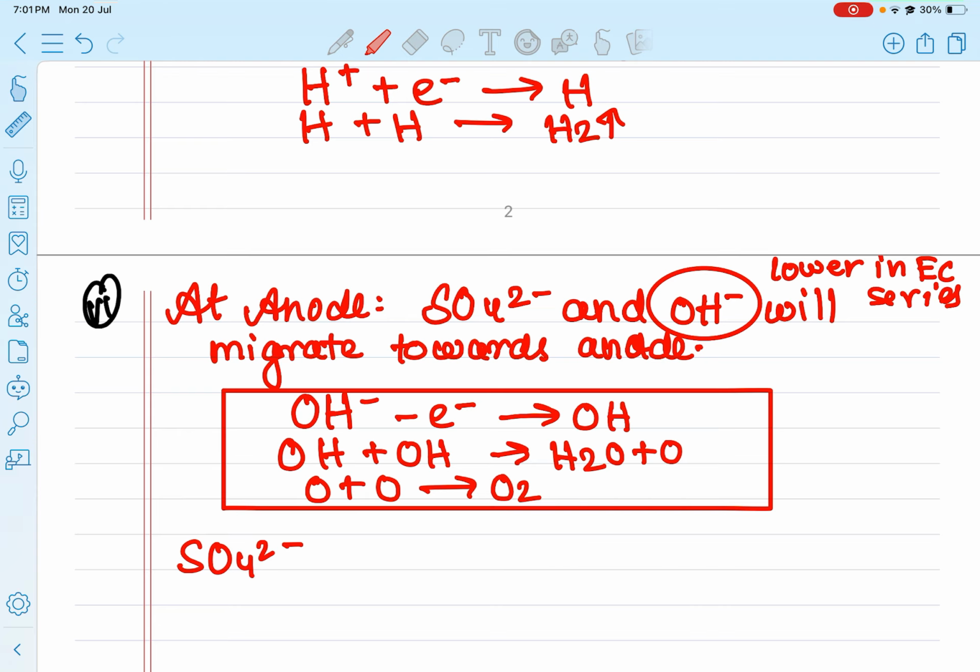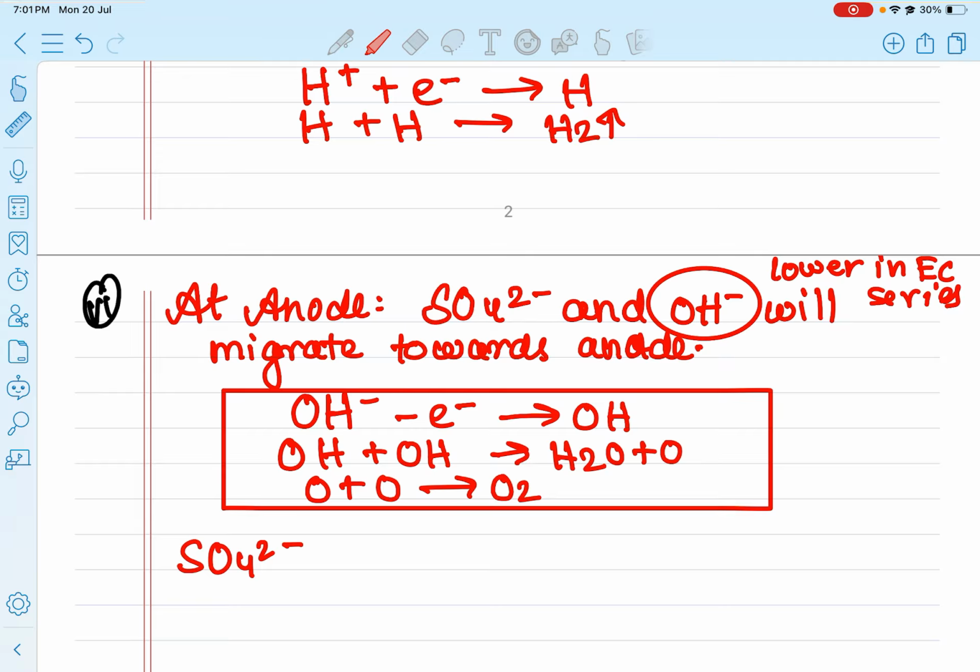Try to process it again. Since SO4 2 minus गया ना anode में? Yes, गया. But H plus ions got discharged at the cathode. But SO4 2 minus also went to the anode.